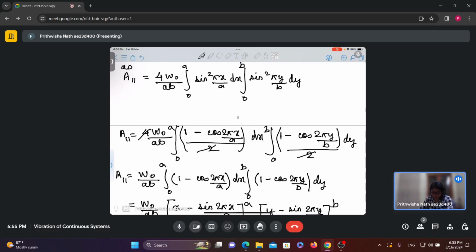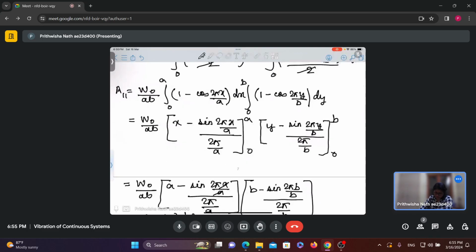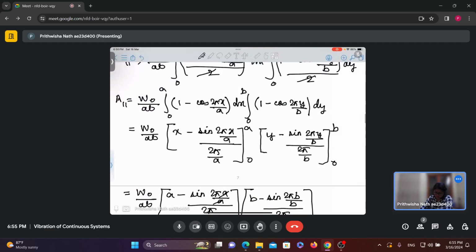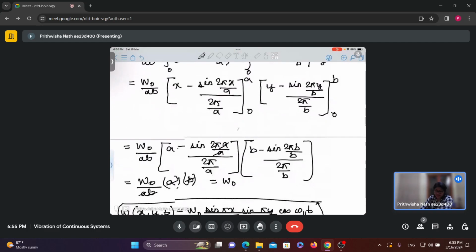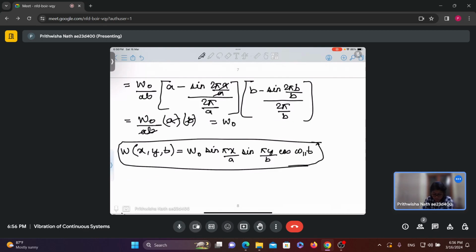Then after performing the integration, we substitute the limits and finally get a11 as w naught. So the general solution becomes like this.